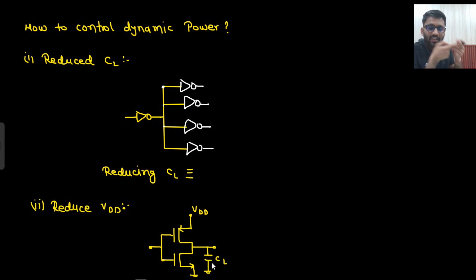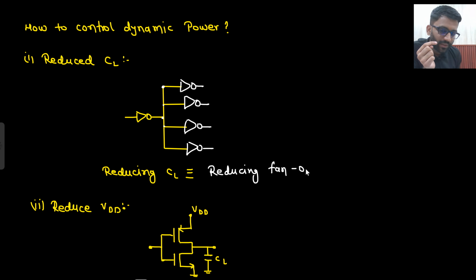If I want to reduce CL, what does that mean? That I need to connect fewer inverters across the output of the inverter. So if I am connecting fewer inverters, that means I am reducing my fan out.